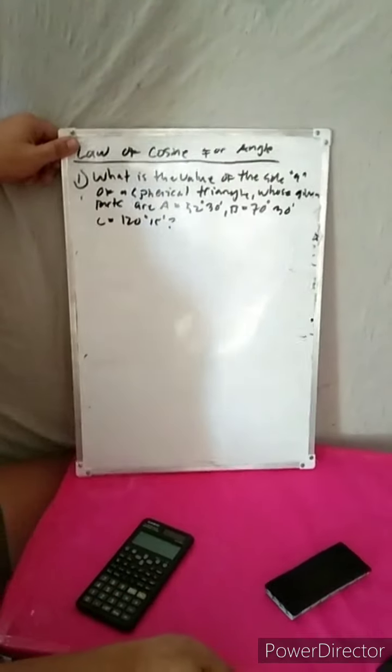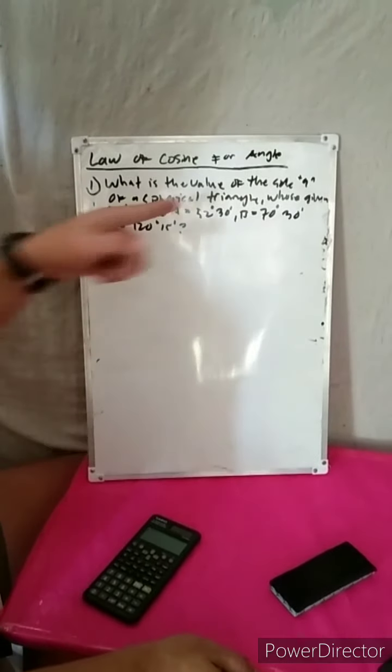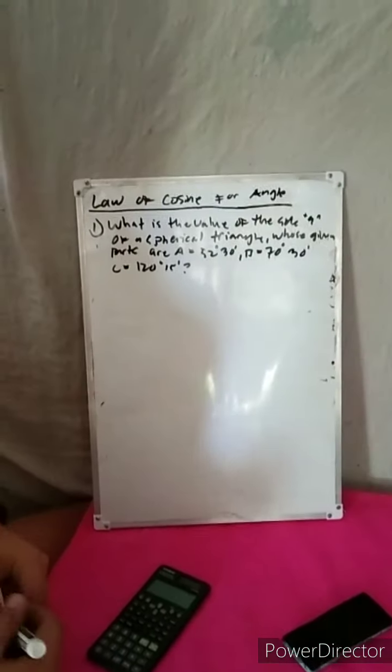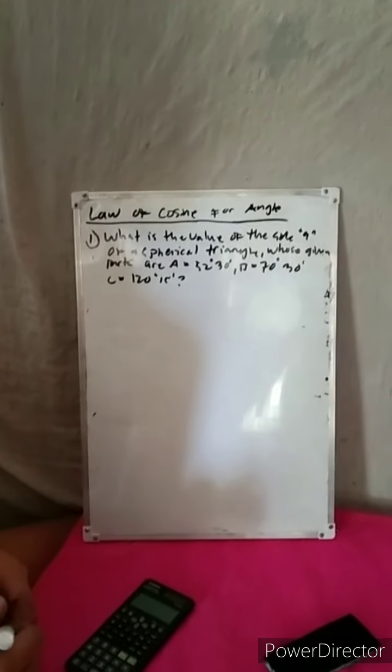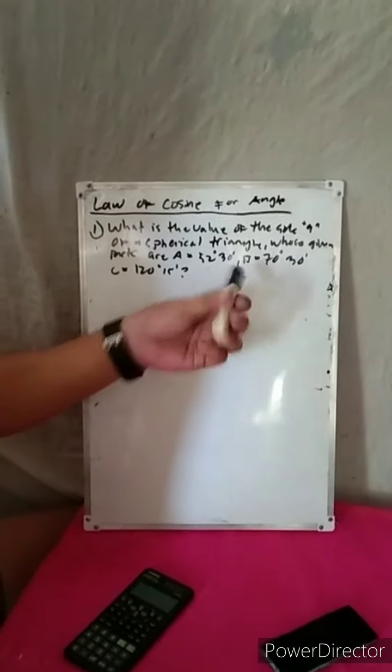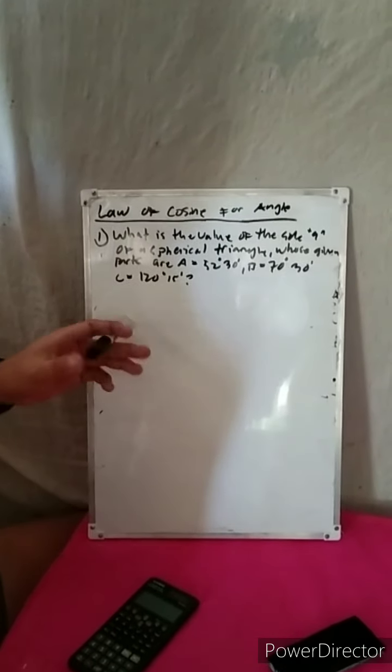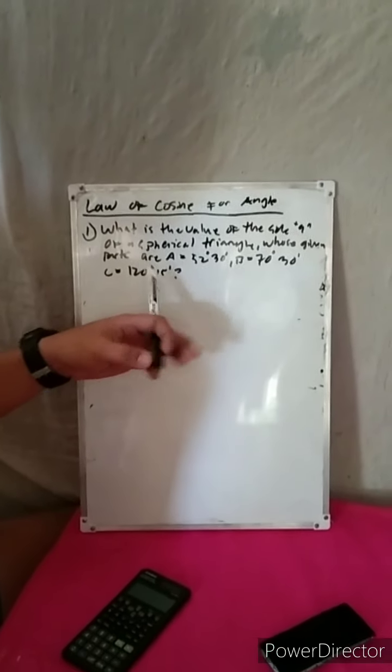So what is the value of side A of a spherical triangle whose given parts are angle A 52 degrees and 30 minutes, angle B 70 degrees and 30 minutes, and angle C 120 degrees and 15 minutes?